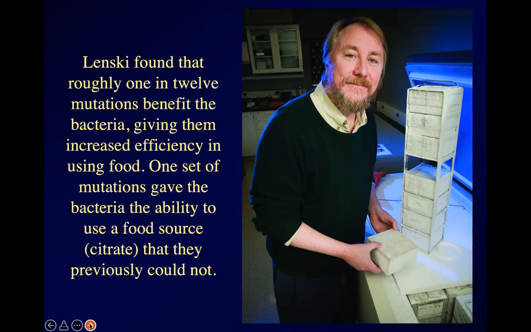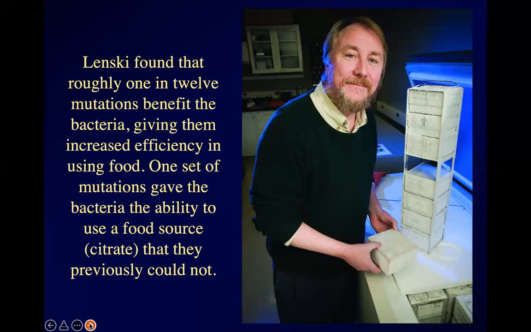And his finding was that roughly 1 in 12 mutations benefited the bacteria because it gave them increased efficiency in using food. And he was able to trace when and how those mutations happened. He was able to find out exactly what those mutations were.